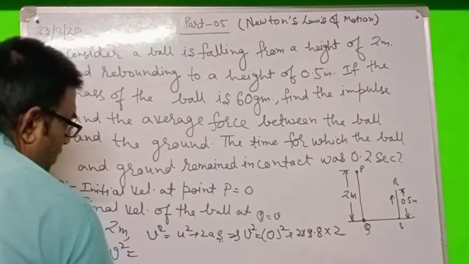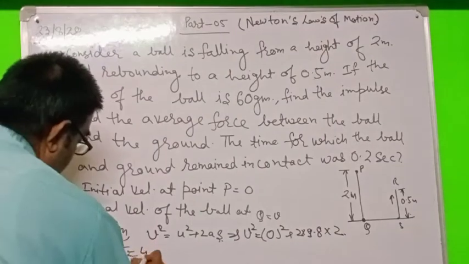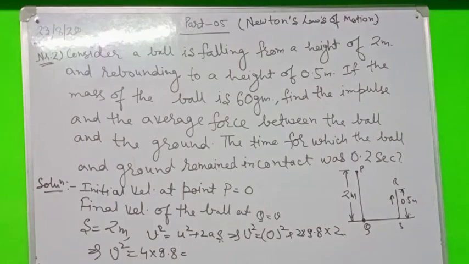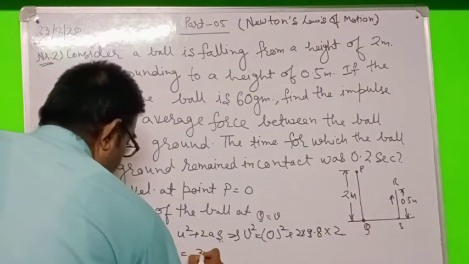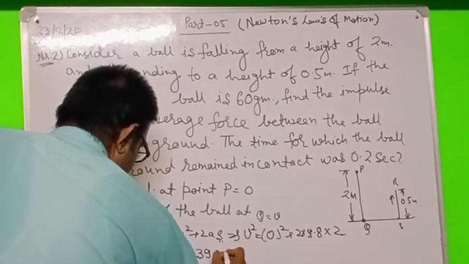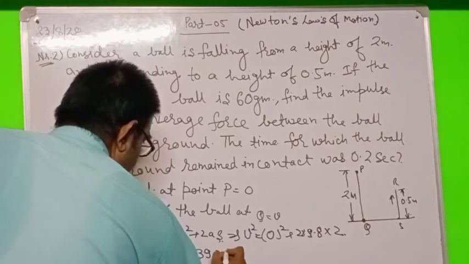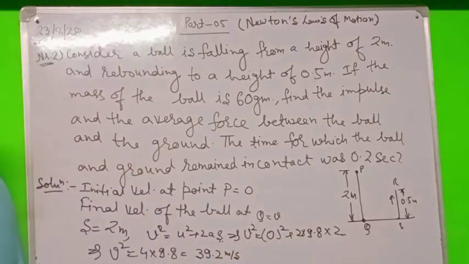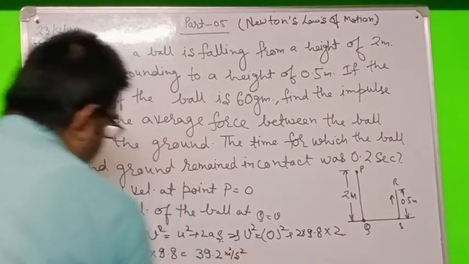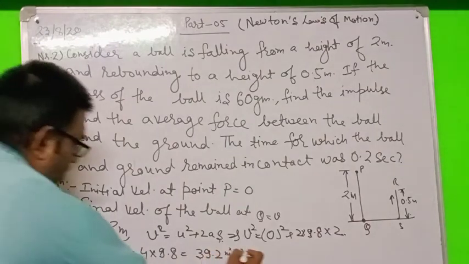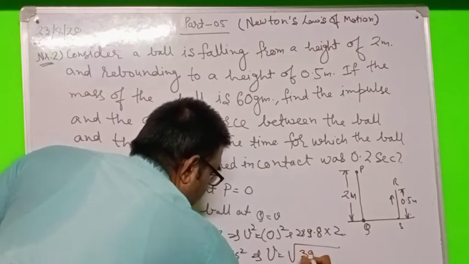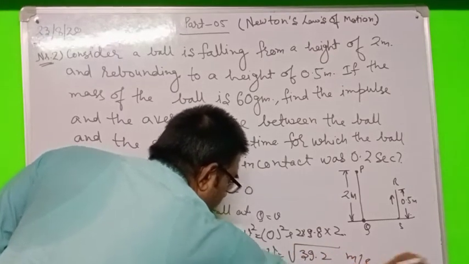So v square is equal to 2 into 4 into 9.8, and it will be 4 into 39.2 meter per second. Since it is 2as, meter square per second, and the value of v will be under root 39.2 meter per second.